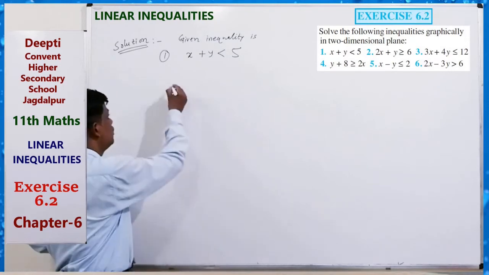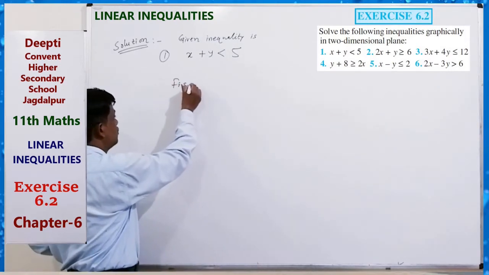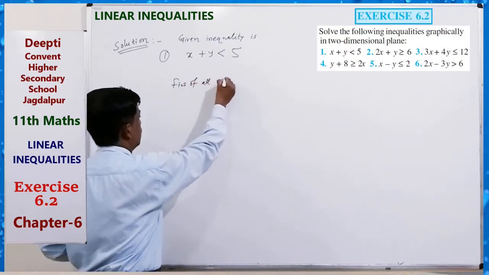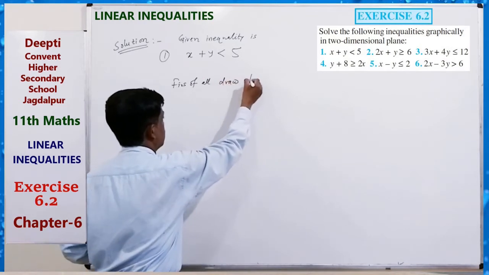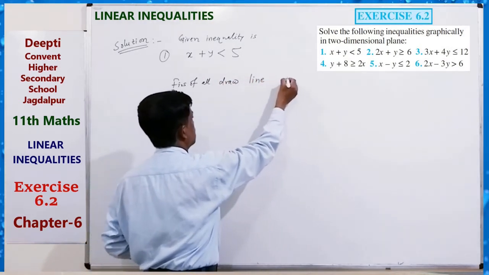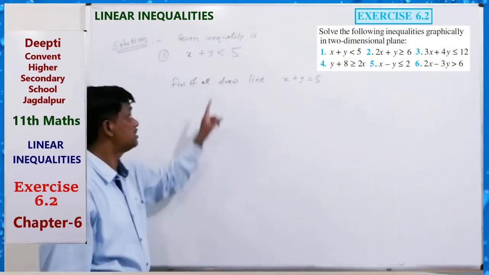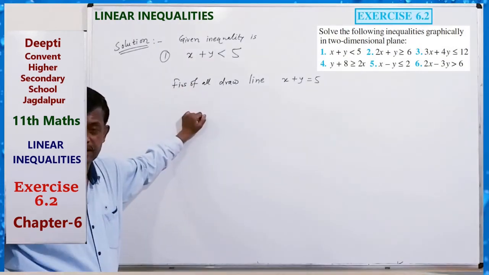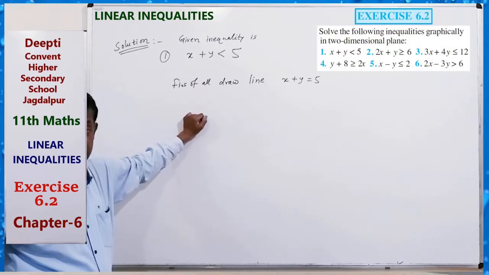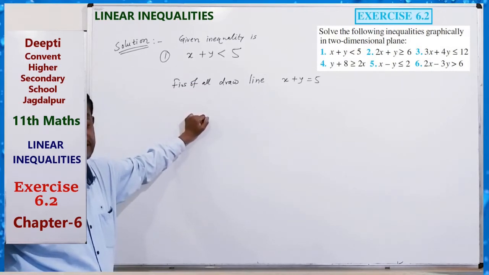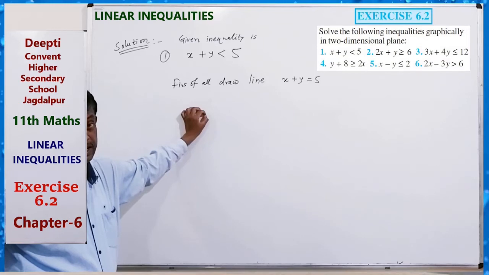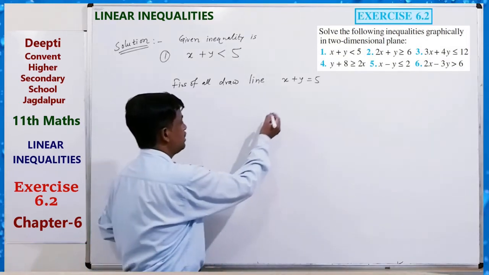First of all, draw the line x plus y equals 5. Here the inequality is strict, that's why we will draw a dotted line. So draw this line.